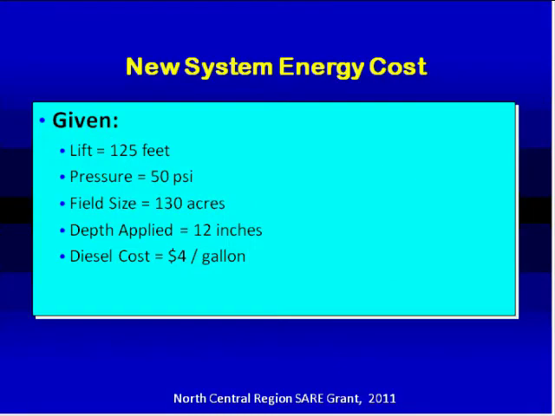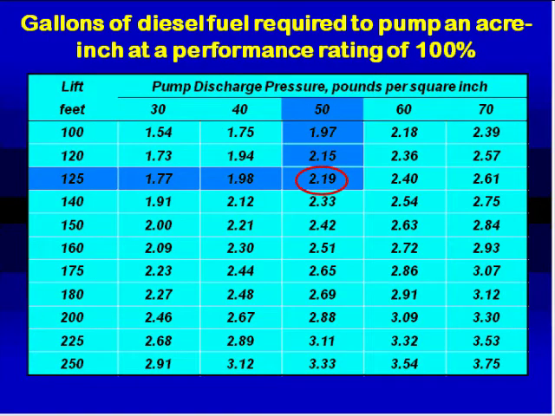If we want to consider what our costs would be if we pump water at 50 psi instead of 70 psi, we have the same basic factors that we start with, but now when we go to the table, we use the same 125 foot of lift, but we're now looking under the 50 pounds of pressure rating here, and that would indicate that 2.19 gallons of diesel fuel is what's needed to pump that irrigation water.